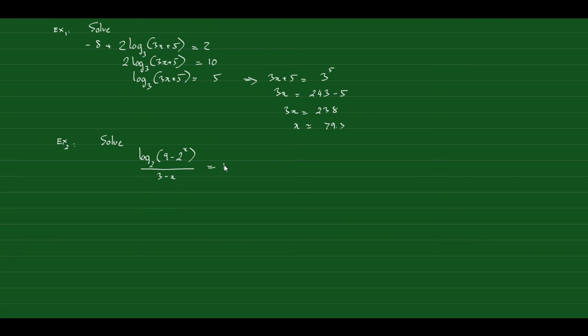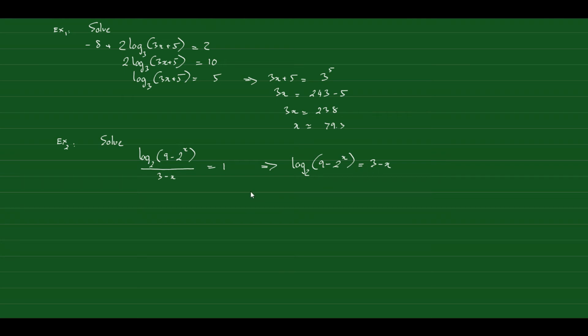Alright, let's see how we do this. We already have one log on the left hand side, so we need to isolate it. So I'm going to multiply both sides by 3 minus x. Now we can apply the log principle.